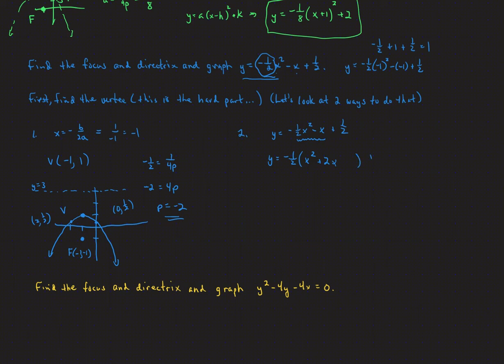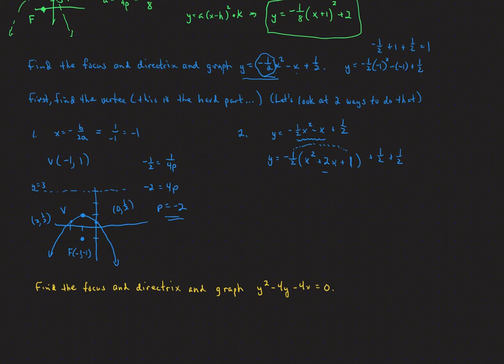I'm going to leave a space and move the 1/2 to the outside. I'm going to then take half the middle term, which is 1, square it, which is 1, and add that in. That gets multiplied by the negative 1/2, so adding in 1 is really adding in a negative 1/2, so I will make that be 0 by adding a half.